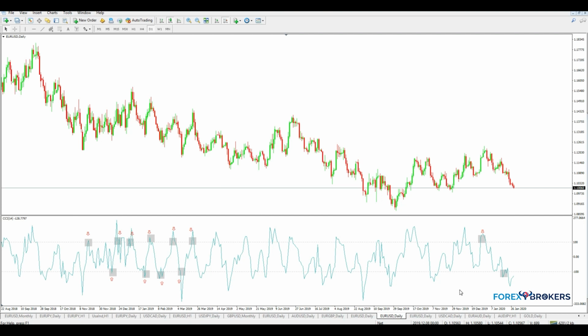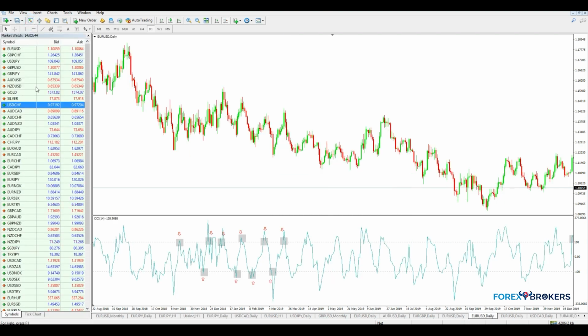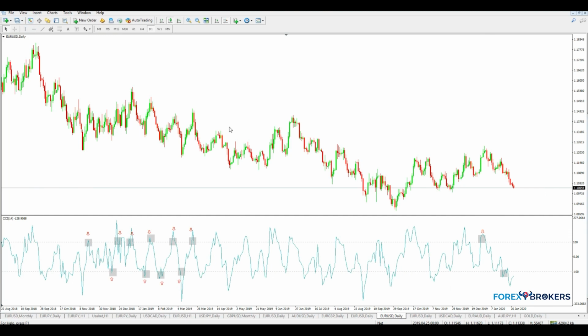Now, the catch here is that each currency pair that you see on the dashboard has its own volatility levels, has its own average true range in time, and so on. So some currency pairs reach the overbought above 100 easily.